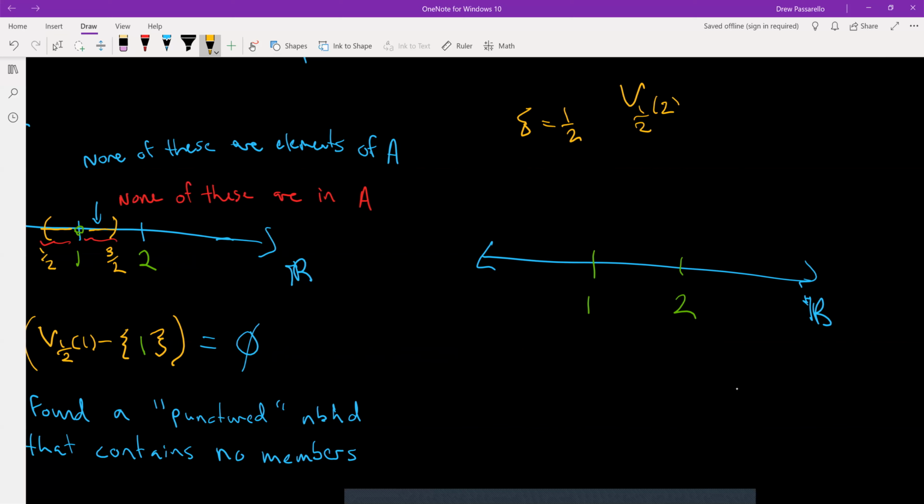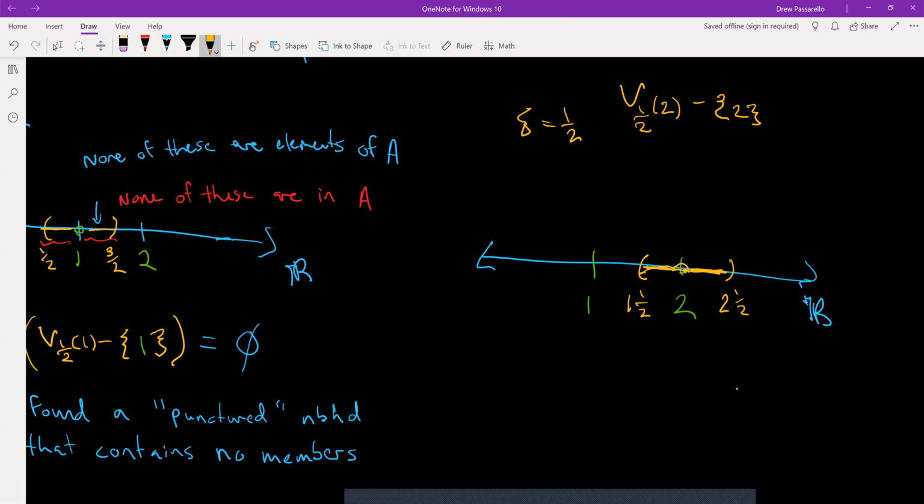And then we usually put parentheses and use a subtraction to say take out the value 2, and that's going to be adding 1/2 to 2 and then subtracting 1/2 from 2. So 2 plus 1/2, we have 2.5, and then 2 minus 1/2, 1.5. All right, so our punctured neighborhood is all of this, but we don't include 2.